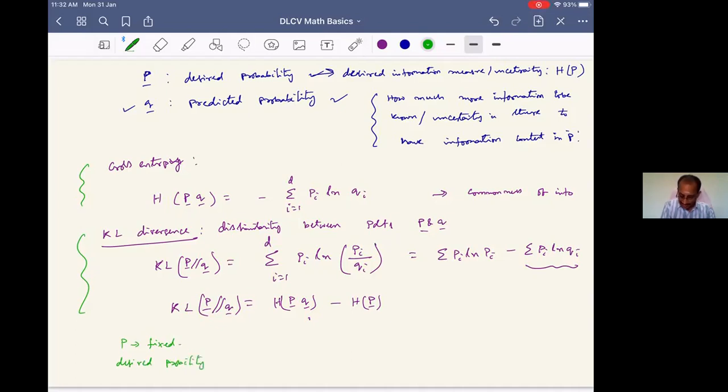Given a particular sample X to any classifier, the probability P we wish to get is fixed. So the desired probability is fixed in most classification scenarios. Q is what you get, and P is what we want. Q bar is what we get and P bar is what we want. This is fixed.